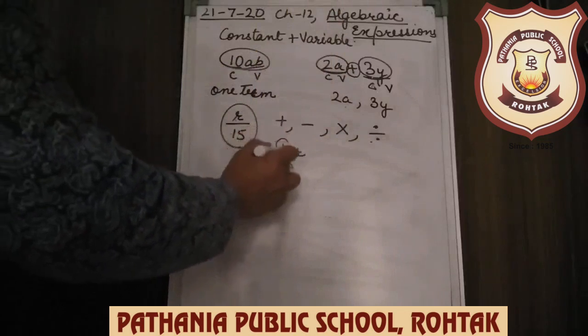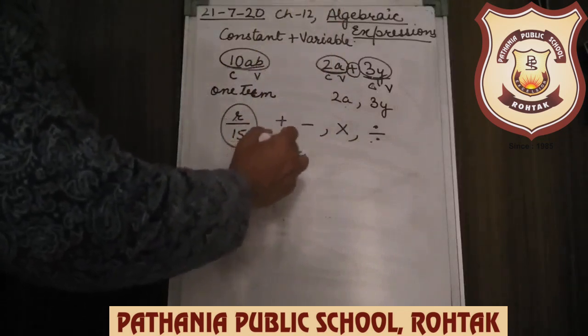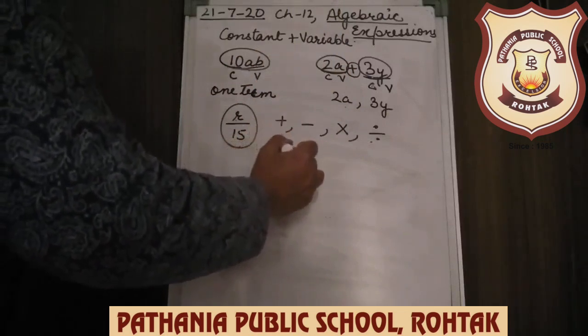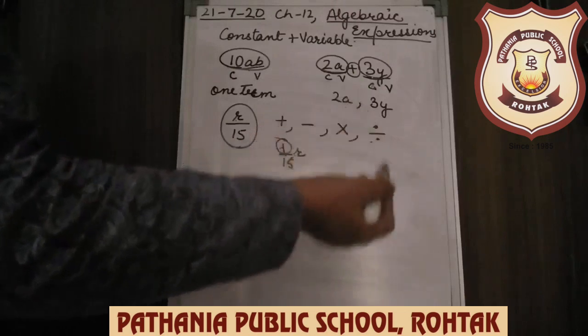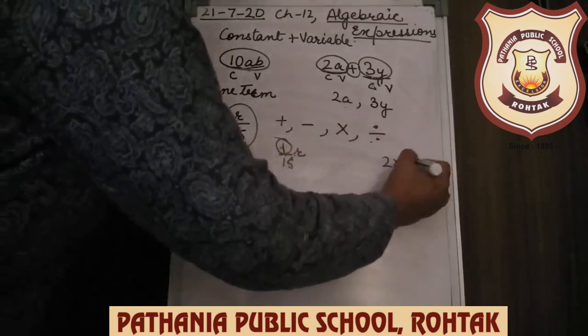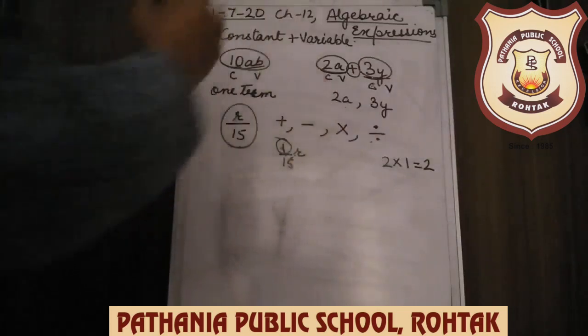And what I told you, that we don't write 1 with the variable, is because 1 is multiplied by r. So 1 into anything will be that same answer, as we were doing in tables. 2 multiplied by 1 is 2, so r multiplied by 1 is r only.